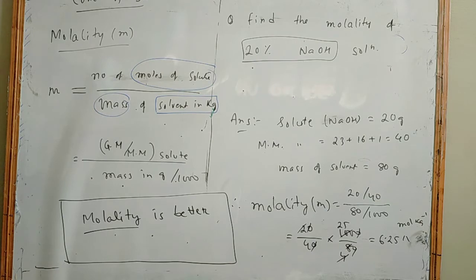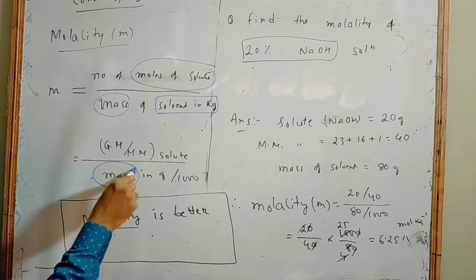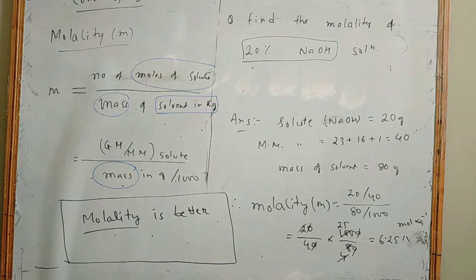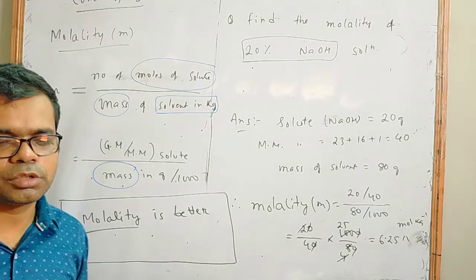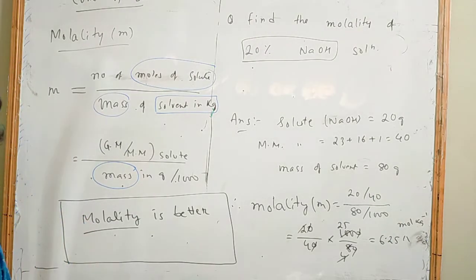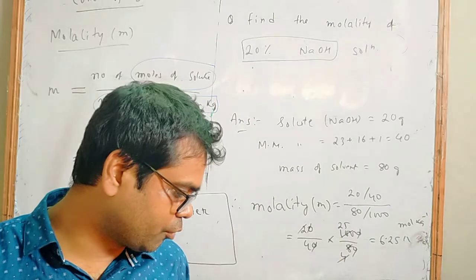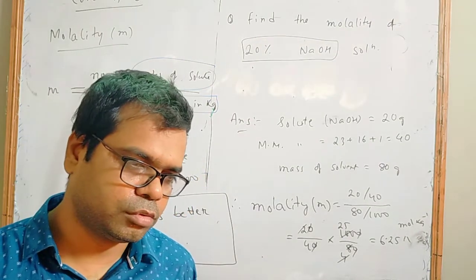Because molality depends on mass of solvent and mass does not change. It remains the same anywhere in the world. But in case of molarity you take the volume, and volume changes, and volume depends on the temperature. So with this actually we have completed unit 1.